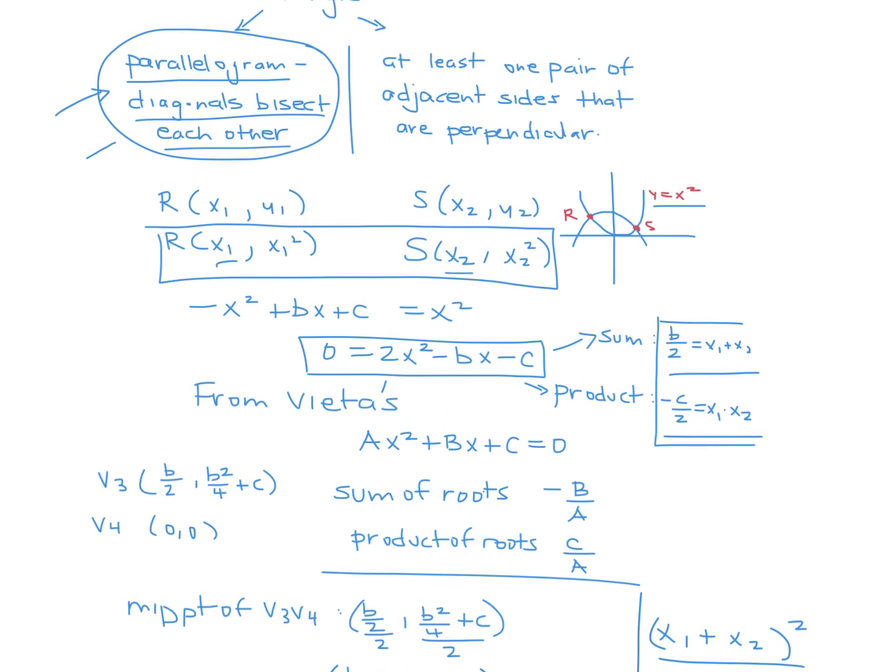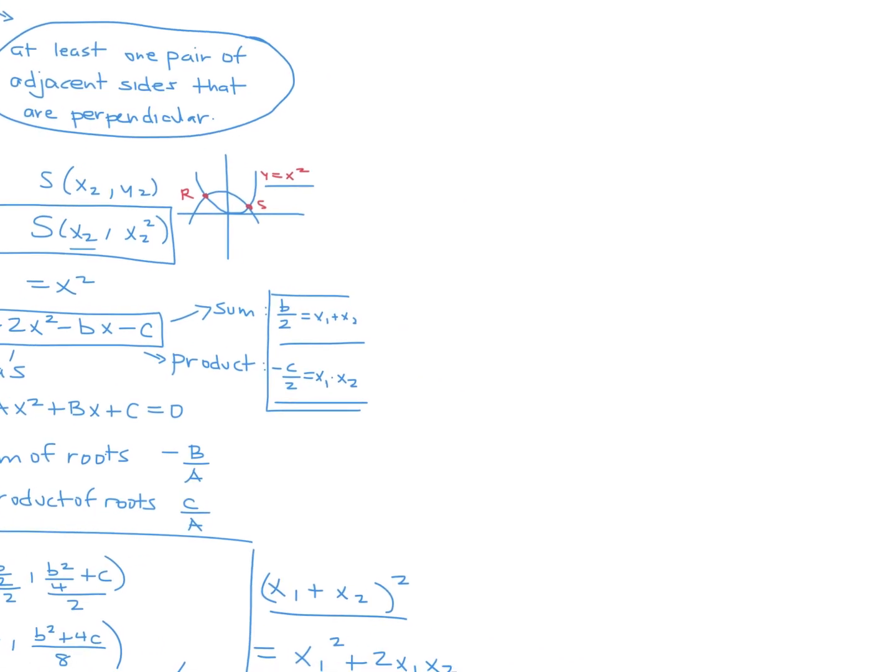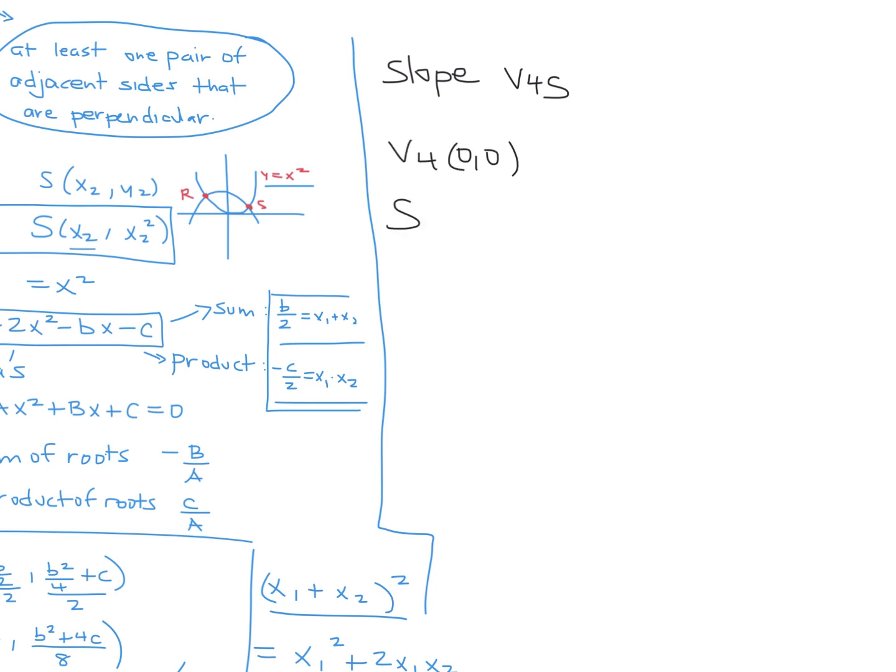Okay, so now we got to concentrate on this guy, that at least one pair of adjacent sides are perpendicular. That shouldn't be a problem. We use the slopes. The slope of V4S. V4 was 0, 0, and S was x2 squared, I think. So the slope would be rise over run, so x2 squared minus 0 over x2 minus 0, so this is just x2 actually.